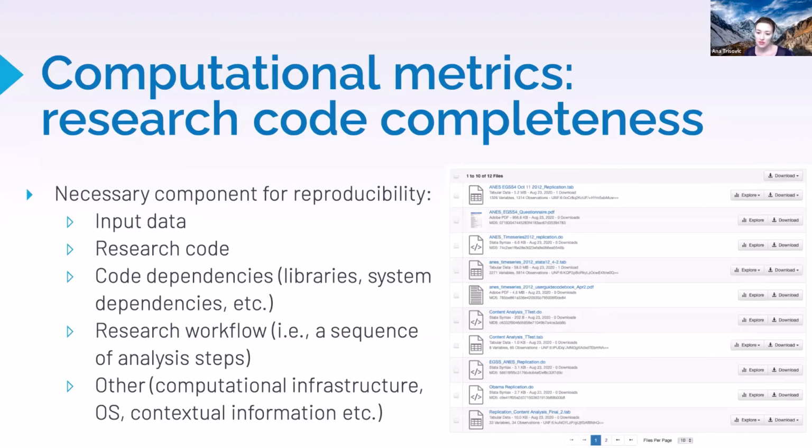But is this the right way to preserve data and code, to disseminate it and to enable reproducibility? We will see that a little bit later, but you probably already know that this is not the way to completely enable computational reproducibility.